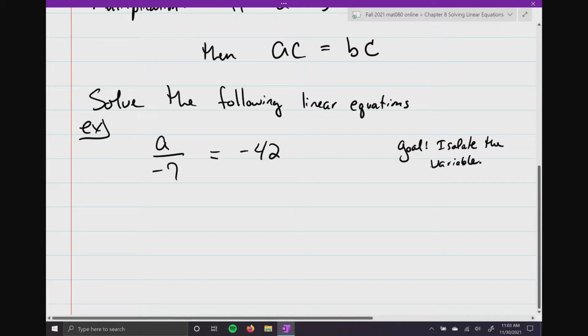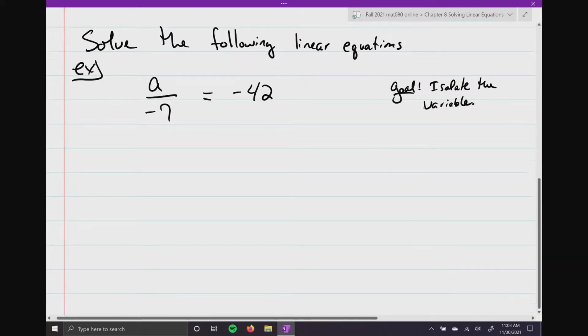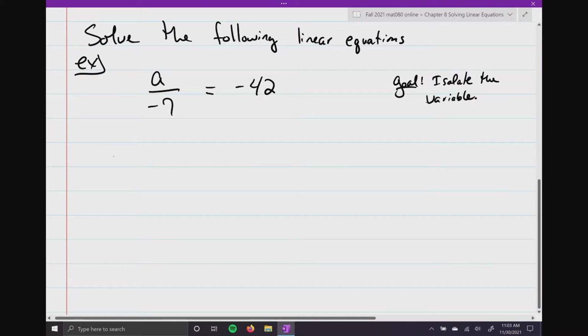So I look on the left-hand side, A divided by -7. Since I'm saying division, I know the opposite of division is multiplication. So what I'm going to do is multiply both sides of my equation by the denominator. Okay?